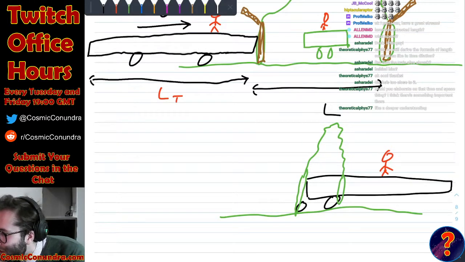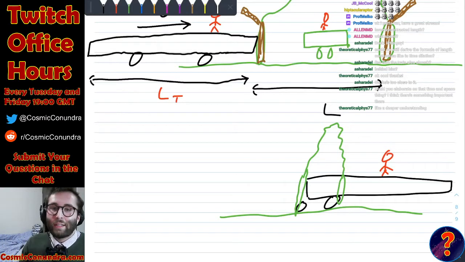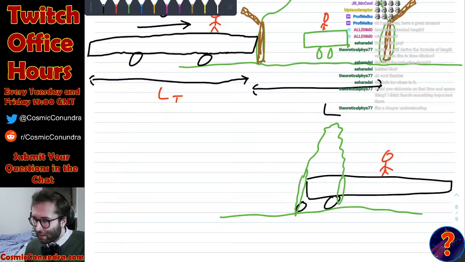Theoretical Phys 77 says, could you elaborate on that time-space thing? I think there is something important there, like a deeper understanding. Well, it's all a consequence of the speed of light being constant. If you think about the fact that the speed of light is constant no matter how fast you run at a light source, clearly something has to be going on there that is changing how you measure distances and how you measure times.